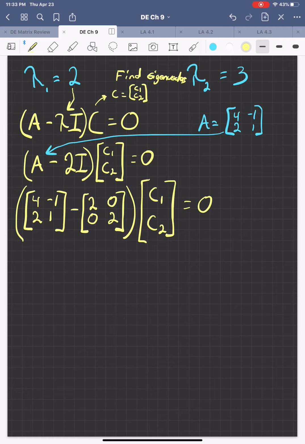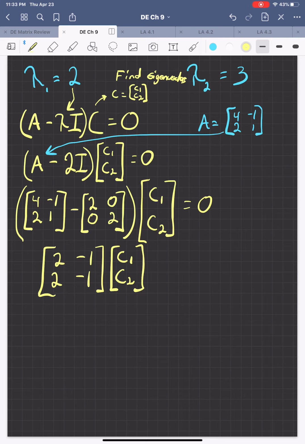A little bit of arithmetic brings us to the following matrix: [2, -1; 2, -1] times c sub 1, c sub 2 equals 0. All right, so how are we doing so far?